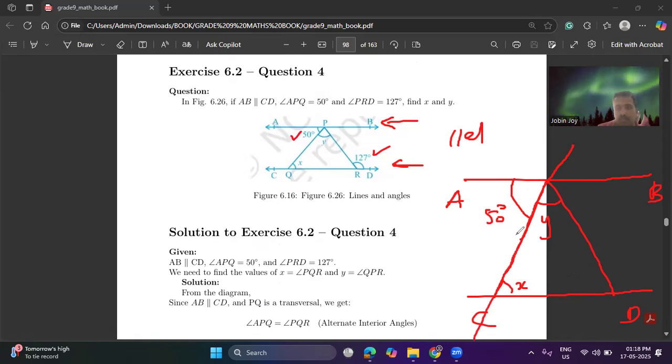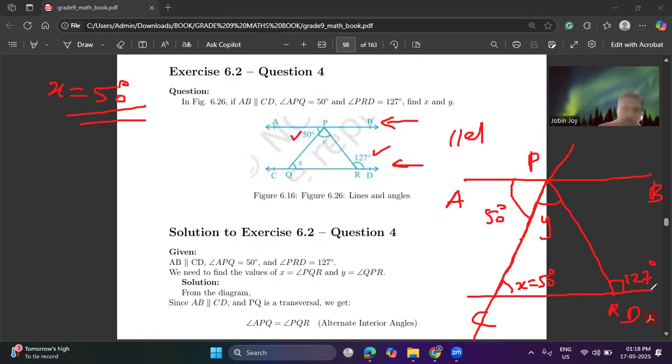We know that if this is 50 degrees, this will be equal to 50 degrees. So I can write X is equal to 50 degrees. Then this is R, PRD. Okay, so PRD is equal to 127, right?